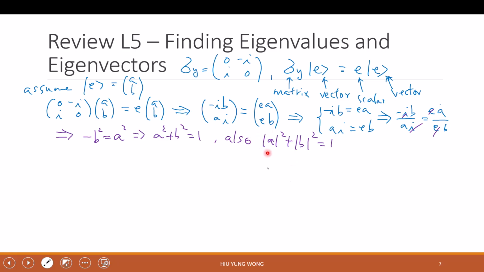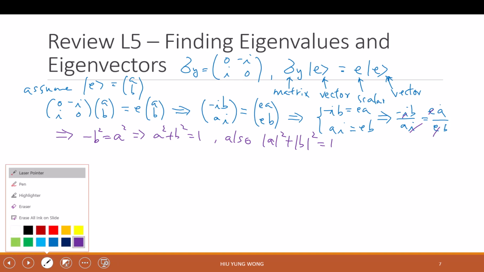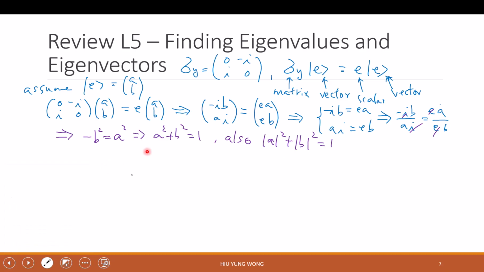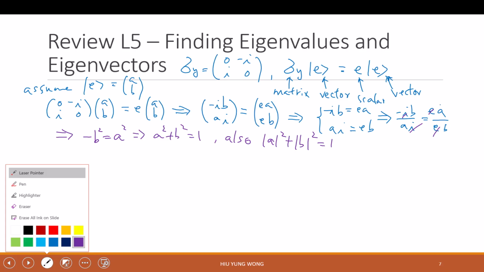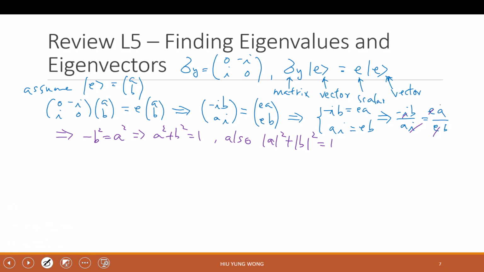Here is talking about the magnitude square equal to 1. But here it says that the sum of the squares needs to be 1 also for this solution. Okay. So that is based on experience, right? So then I naturally would say, okay, what if I assume A equal to 1 over square root 2?